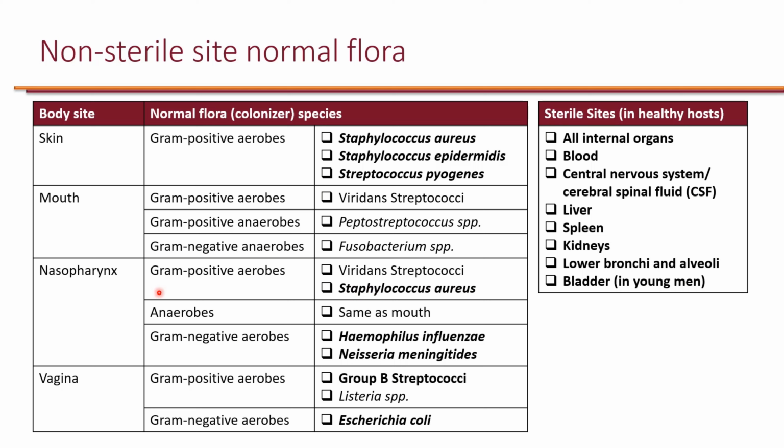And this is important because, let's say somebody has an infection and you find Staphylococcus aureus in the nose, it doesn't often mean that it's an infection. It could be part of the flora, but if you detect it, you can anticipate, because not everybody will have it as part of their flora.